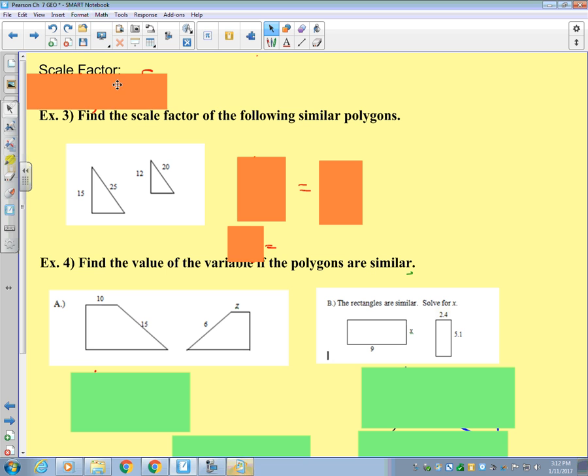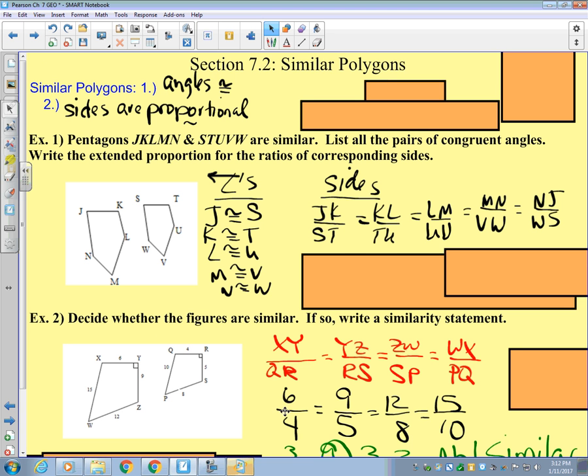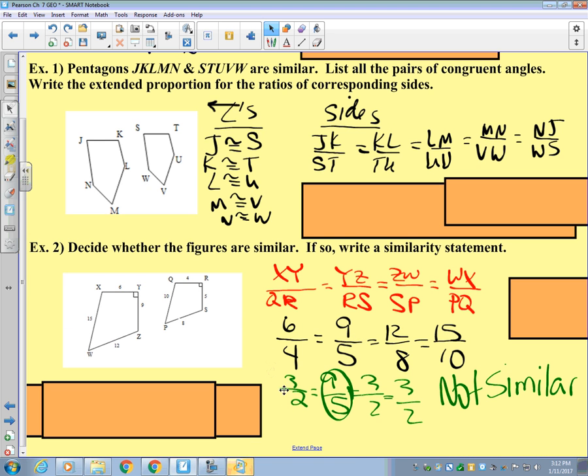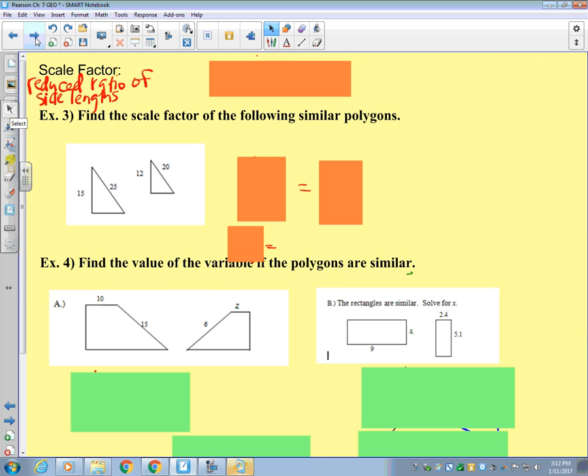All right, we're going to talk about scale factor now. And scale factor is the reduced ratio of the side lengths. So for here, it would be 3 halves. So for this figure in example 3, it's going to be 15 over 12.